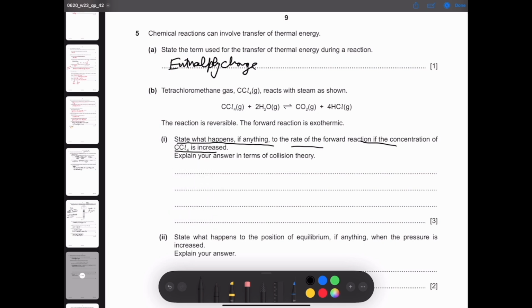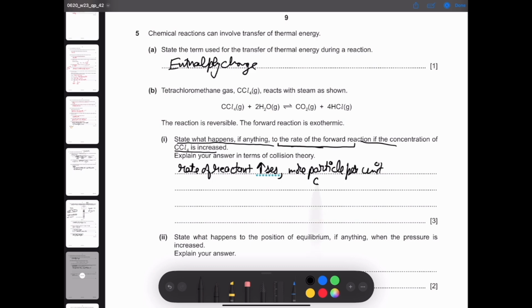Now just think about it. They are not asking what happens to the equilibrium, they're asking what happens to the rate of forward reaction. So when you increase the concentration, first of all, rate of reaction increases. Why is that? Because there are more particles per unit volume now.